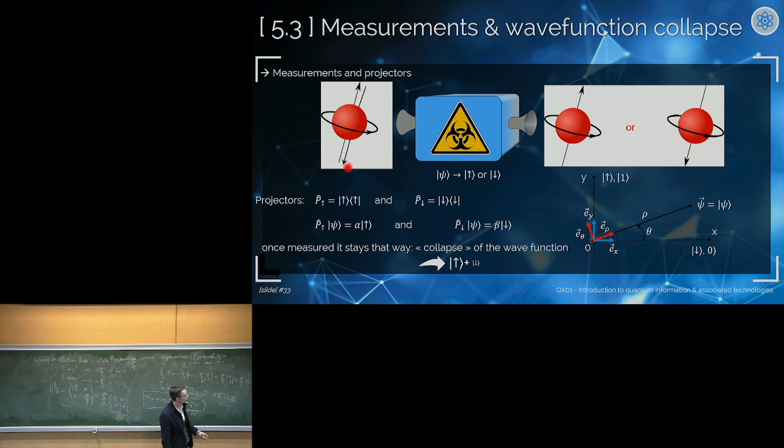And then you make a measurement. So this is a measurement apparatus. You measure the spin of your electron. And of course, you are not going to find that the spin of your electron is in one state or the other, because this is a quantum mechanical state. You're going to measure a physically classical result.